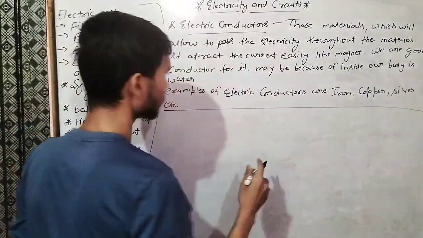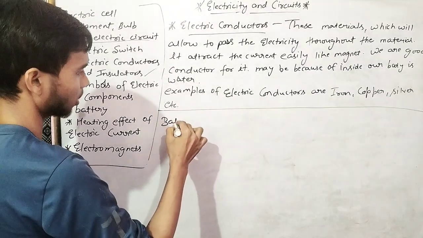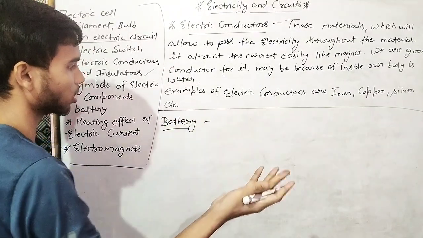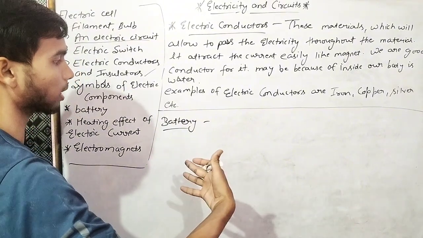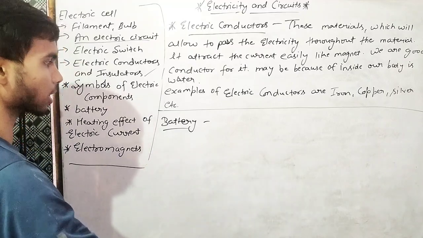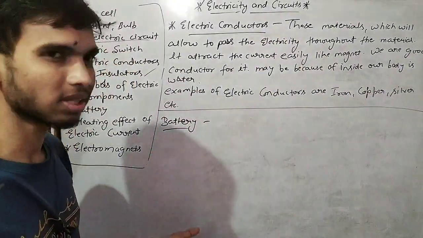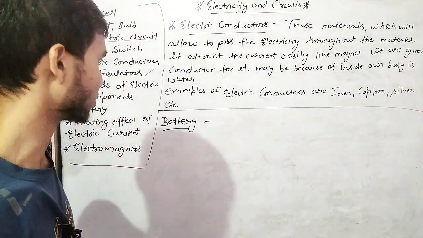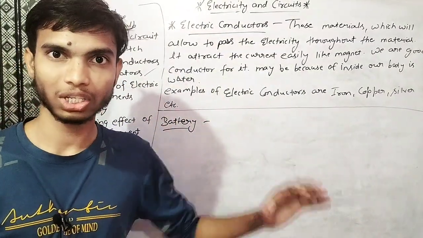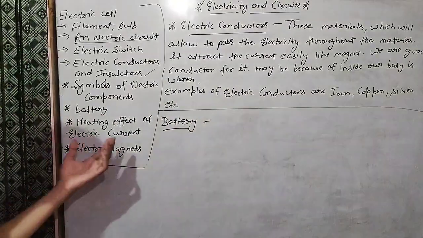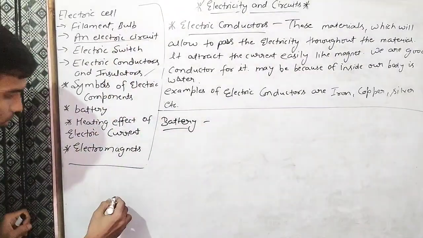We already discussed battery inside this lecture. Battery has two terminals, negative and positive. Inside the battery is chemical storage, and the battery has more power as compared to an electric cell. It is used in advanced devices. It is a collection of cells. So here we are going to look at the symbol of a battery.